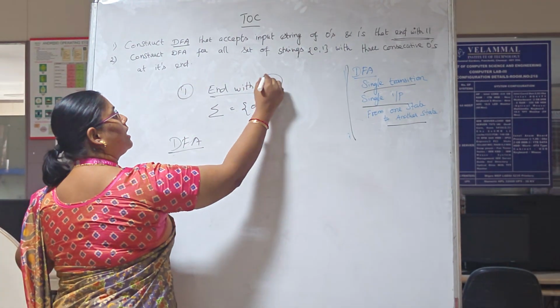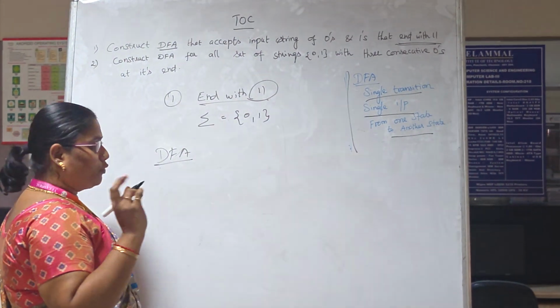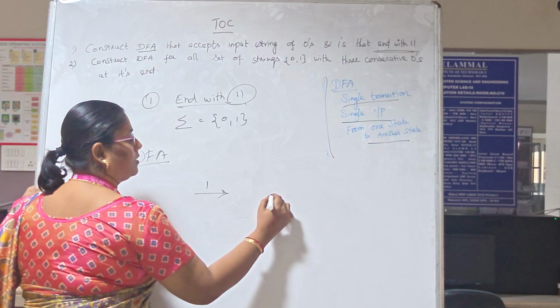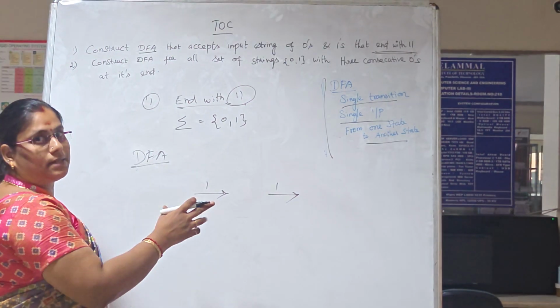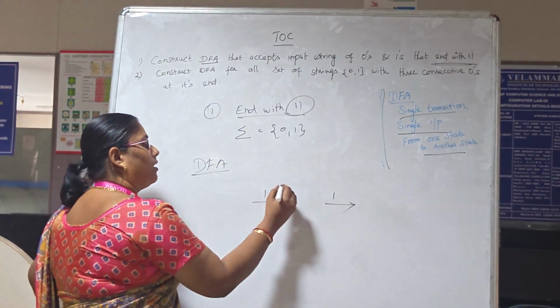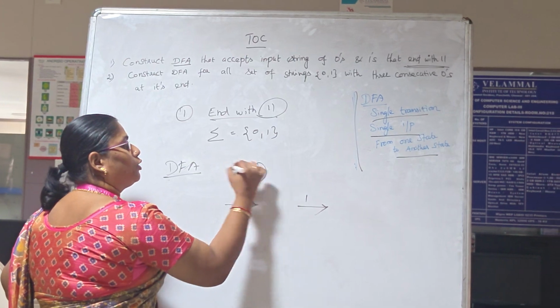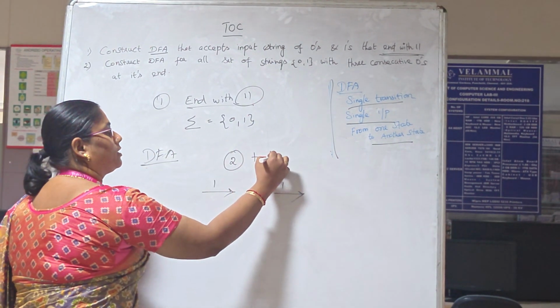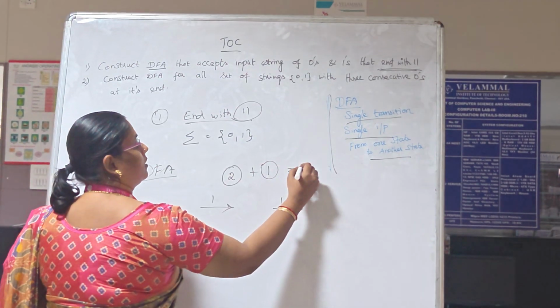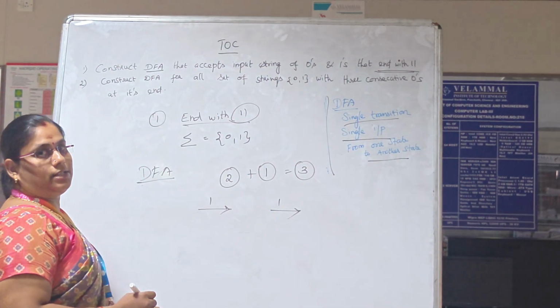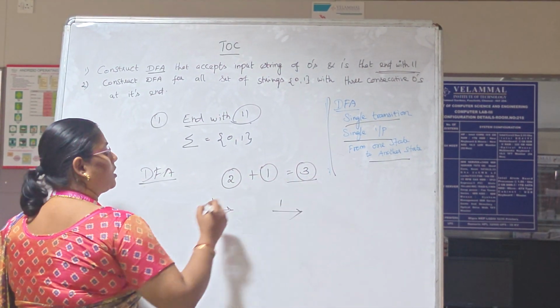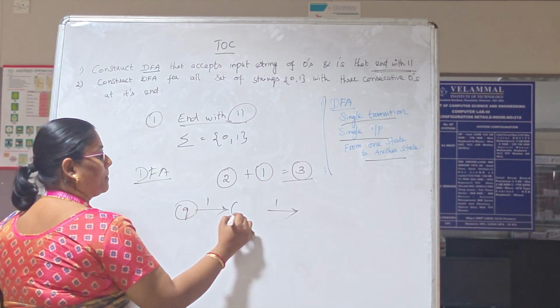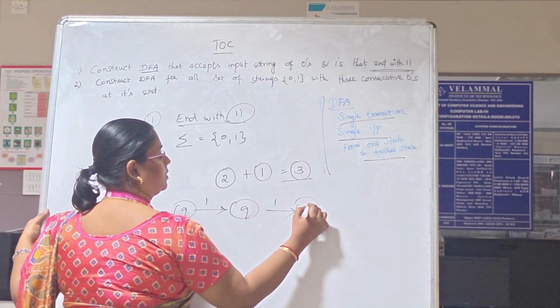The condition is ends with 1 1, so we have two inputs, 1 and 1. This is the compulsory condition. If two inputs are given as a condition, we can add one more state, so we should draw 3 states.